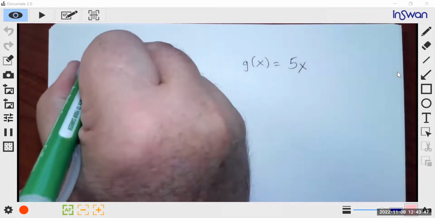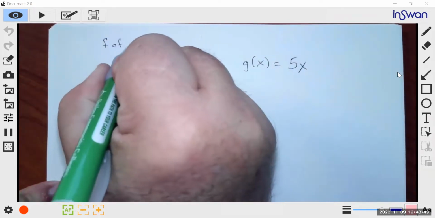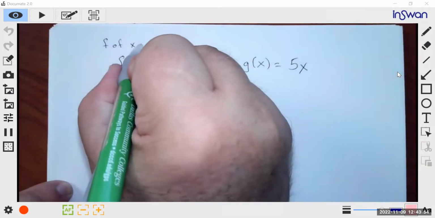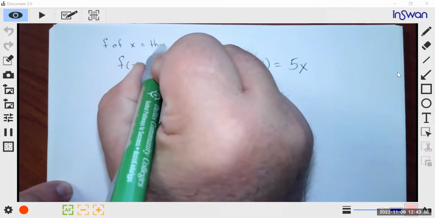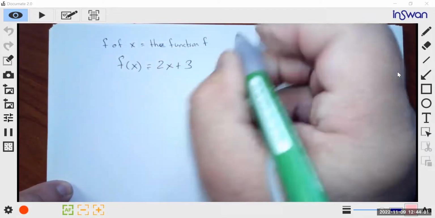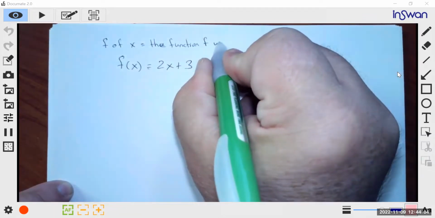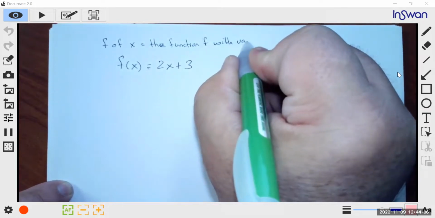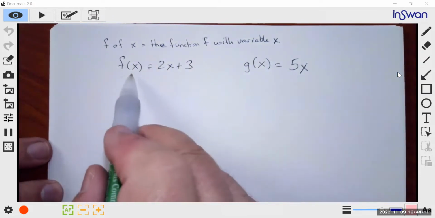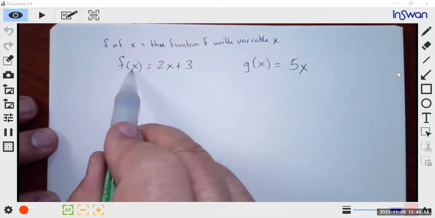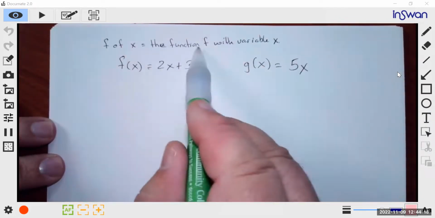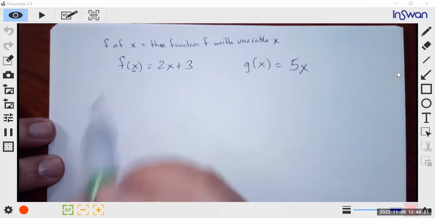This is read f of x. What it means is the function f with variable x. The f in parentheses x. It means the function with the only variable we have, which is x in this case.